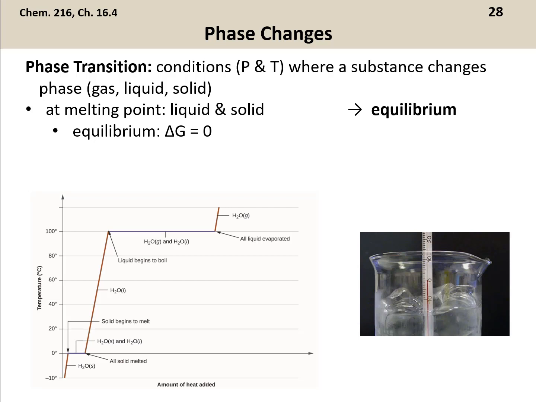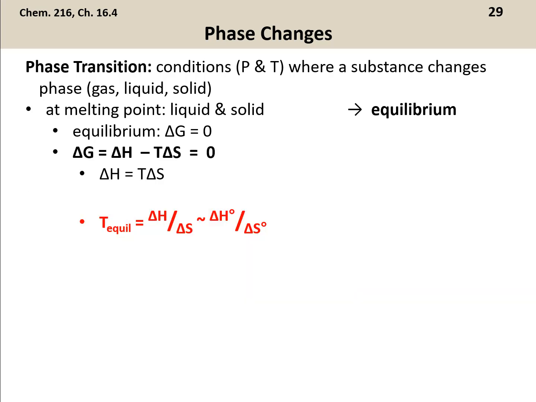Okay? So remember I said that delta G equals 0 at these points. Well, delta G equals delta H minus T delta S, okay? And I say this is 0. I could rearrange this, so I'm just going to add T delta S to both sides.